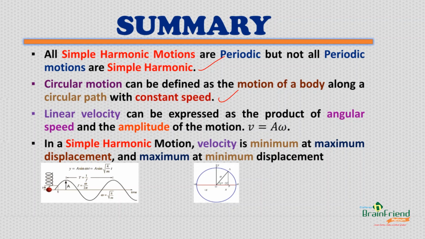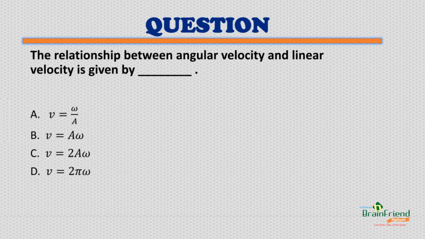Next, we learned that linear velocity can be expressed as the product of angular speed and the amplitude of the motion. Therefore, v is equal to A omega. And finally, we learned that in a simple harmonic motion, linear velocity is minimum at maximum displacement and maximum at minimum displacement. Now let's try out some test questions.